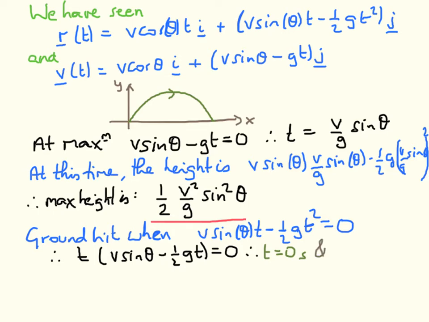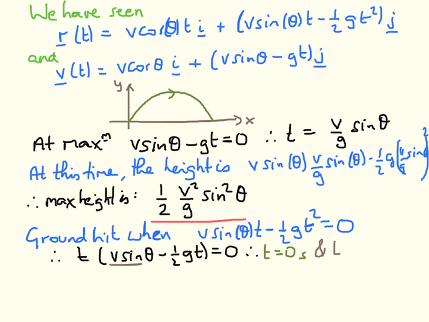And the other solution is when v sine theta is equal to a half gt. So if v sine theta is a half gt, 2v sine theta is gt, so 2v over g sine theta is t. So we can just write that straight down.